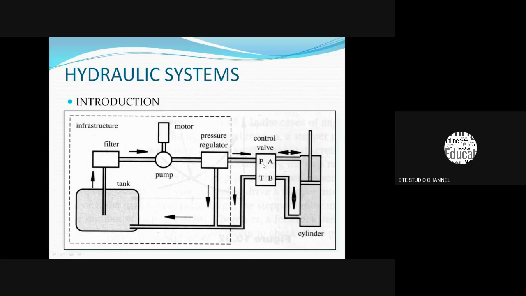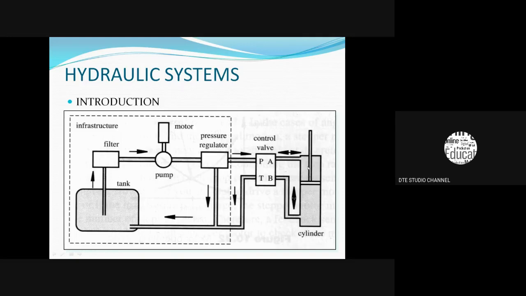If suppose fluid has to enter at the other end of a cylinder, then the controlling element is activated, which communicates P to B. Fluid enters from P to B and it enters the lower end of a cylinder, which makes the piston move in upward direction.